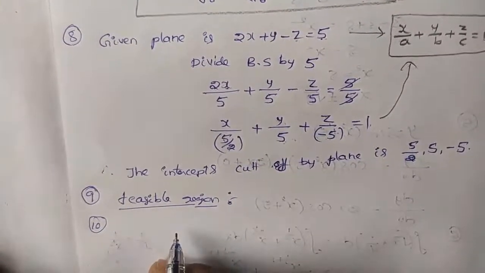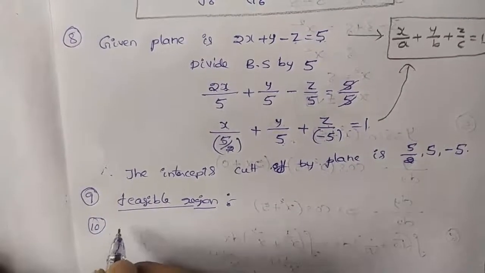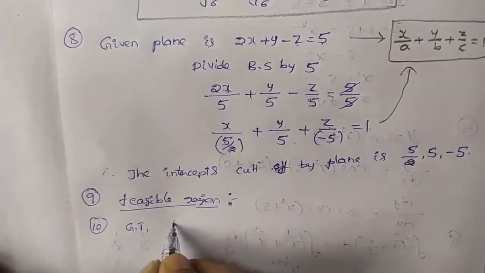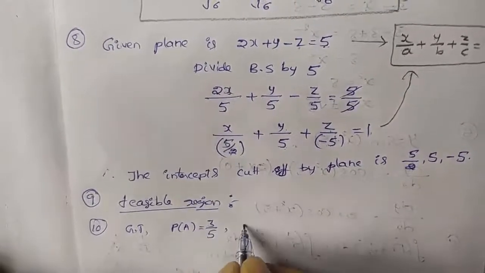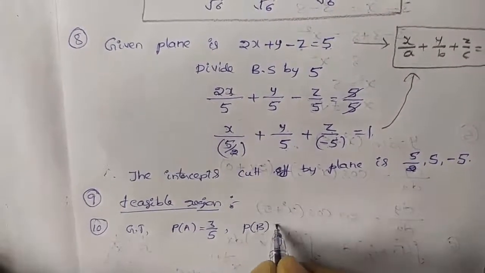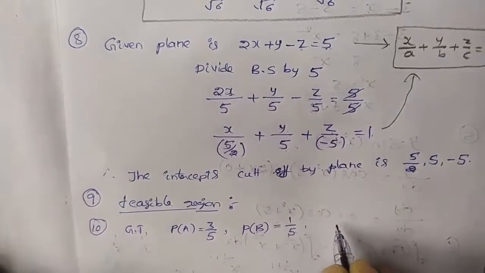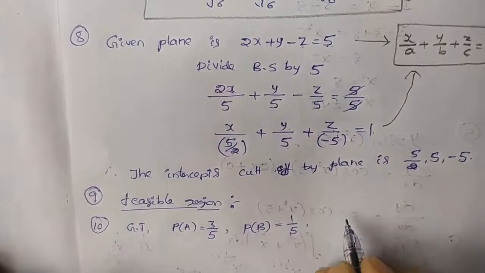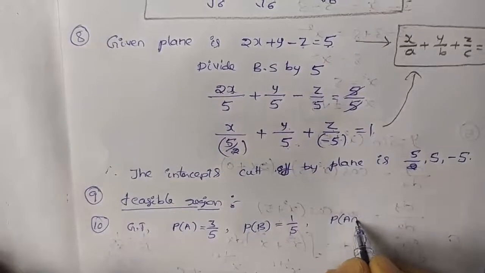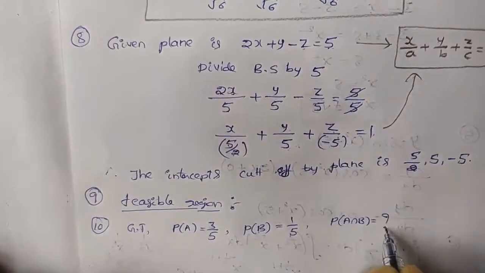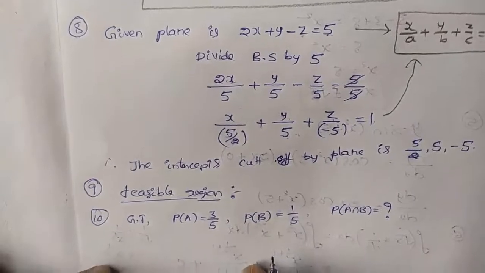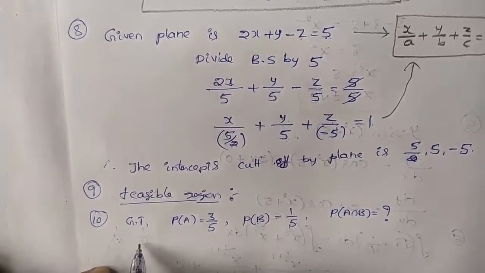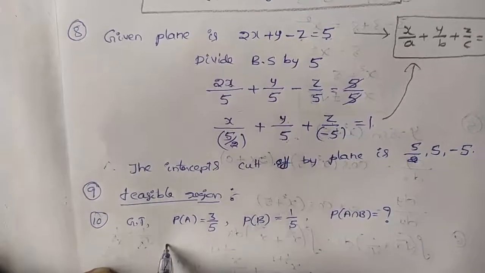Given that P of A is 3 by 5, P of B is 1 by 5. Find P of A intersection B. If A and B are independent events, then what is the condition?